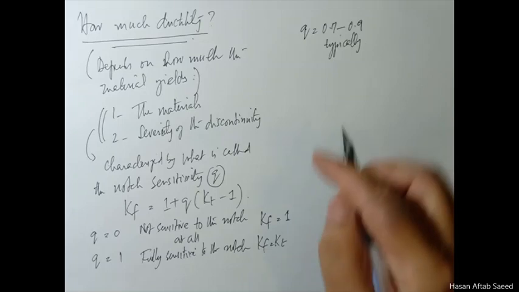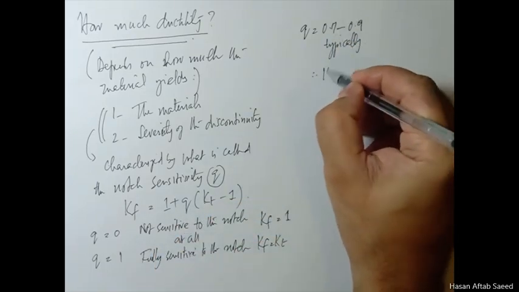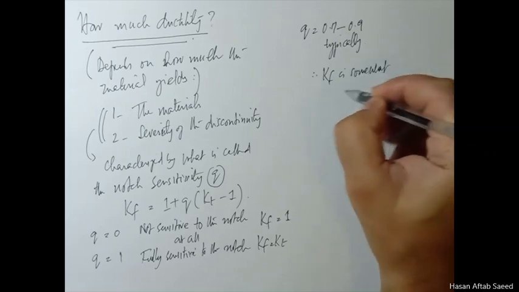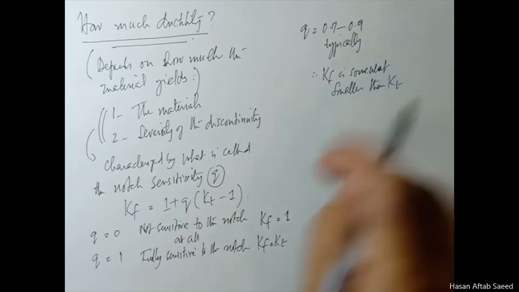So if you put these values here, you can say that Kf is somewhat smaller than Kt.